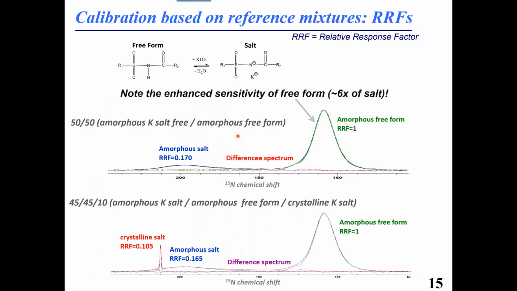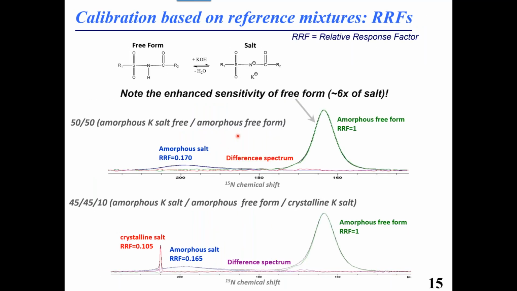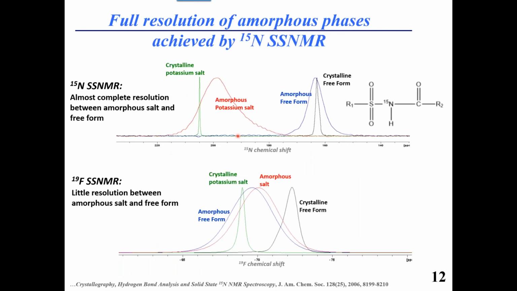Then on the next slide, I'm showing the nitrogen spectrum of these. Hopefully that explains it. Thank you. How are the bottom and the top different? Bottom is the fluorine, top is the nitrogen spectrum. Correct. Okay. Thank you.